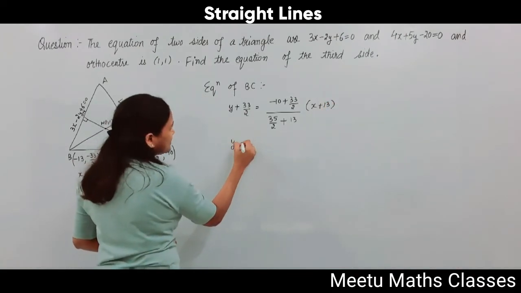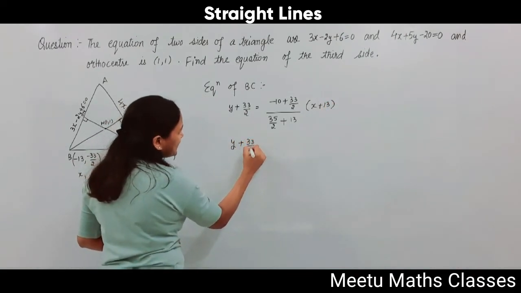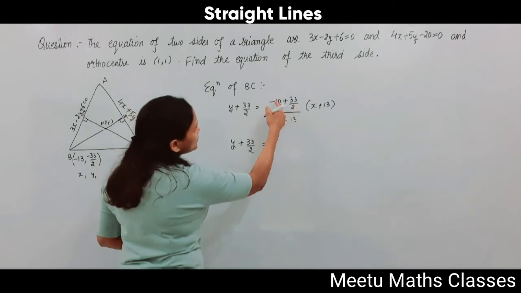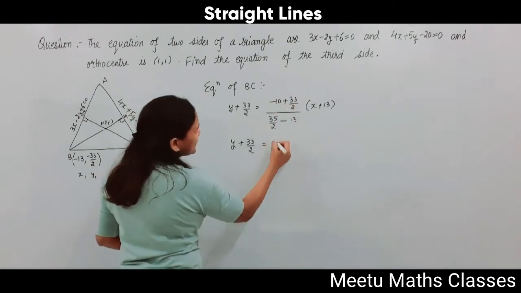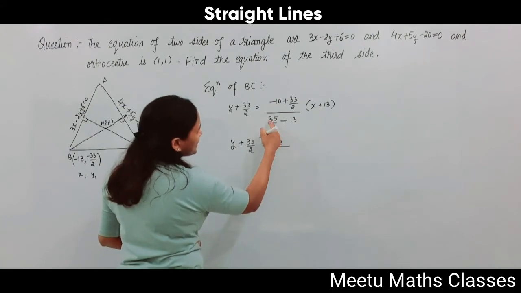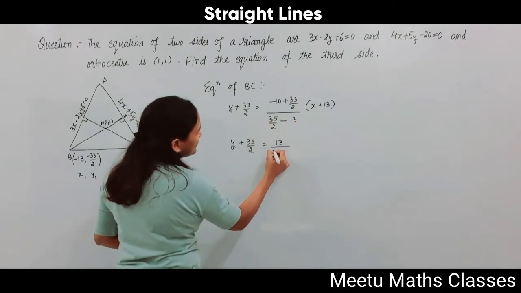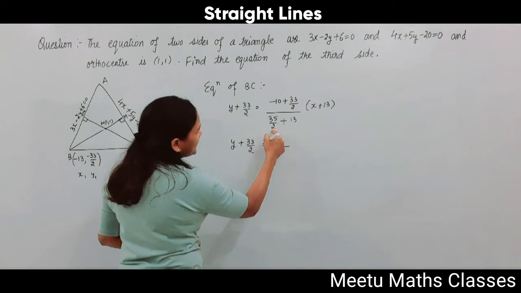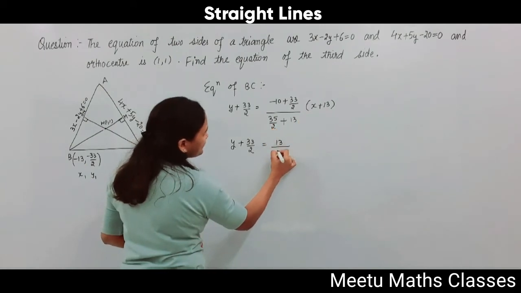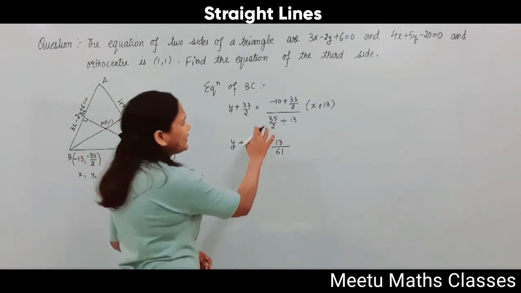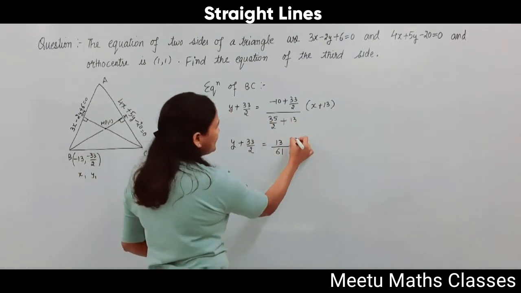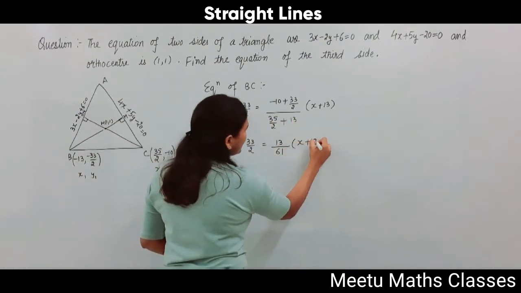This gives y plus 33 by 2 equals minus 20 minus 33 by 2, that is minus 20 plus 33/2... 33 minus 20 is 13, and 35 plus 26 is 61, into x plus 13.